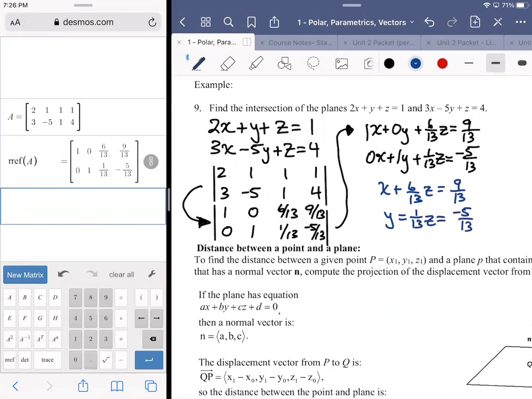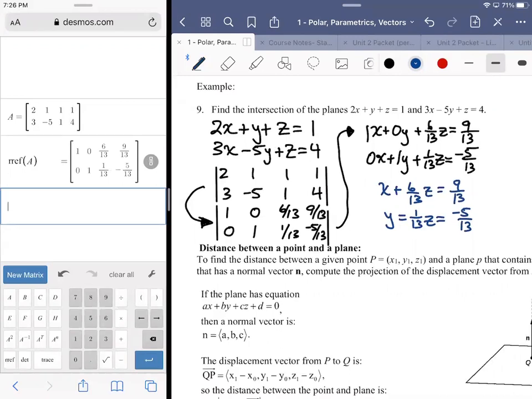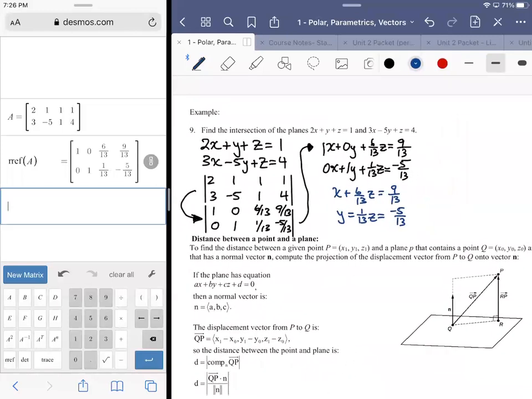Not the final answer, but we're getting there, because when we have parametrics, we need x, y, and z solved in terms of t, linear equations in terms of t, if I'm looking for a line. That's not what we have yet, but it will be in a second.